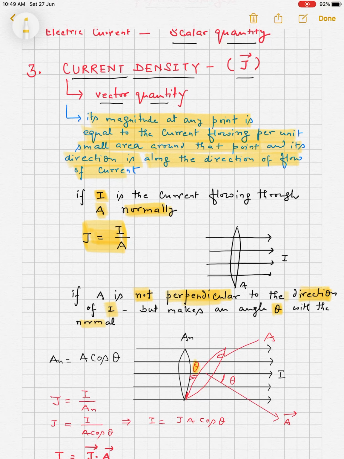This angle theta is between area A and electric current.